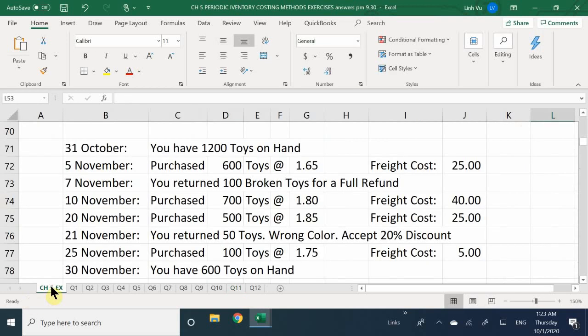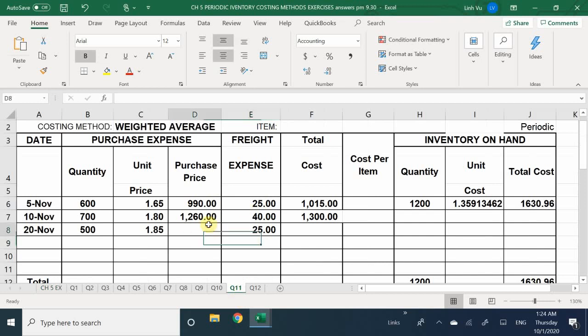So here, November 20th, you purchase 500 toys at $1.85 with the freight costing $25. So in this case, my total purchase price is going to be $925 plus the $25 freight to bring it up to $950.